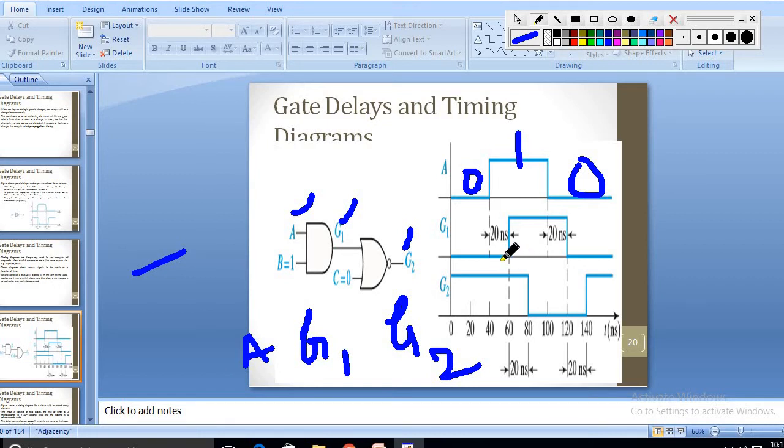That is epsilon time, that is exactly your propagation delay. See here, G1 is not directly changing from 0 to 1, it will take its time, that is 20 nanoseconds. A is changing from 0 to 1, but G1 will take its time, and after that it will change its output state. That 20 nanoseconds is the propagation delay, that is epsilon, I need to call it.